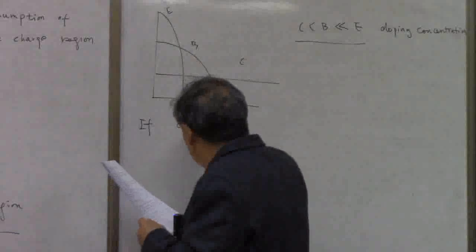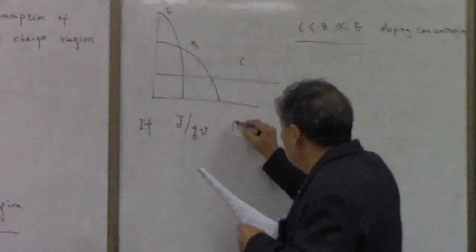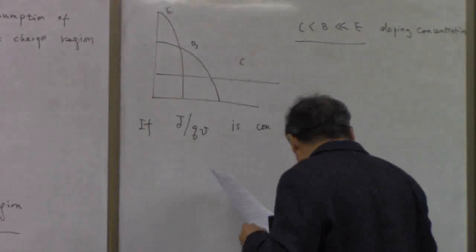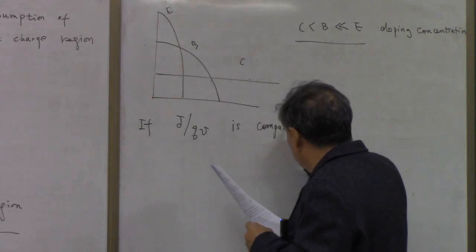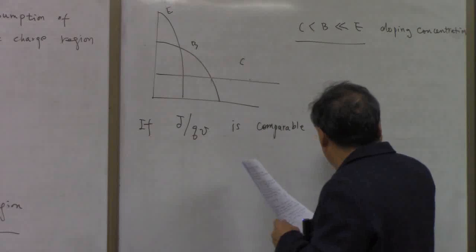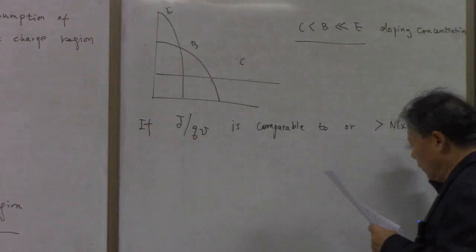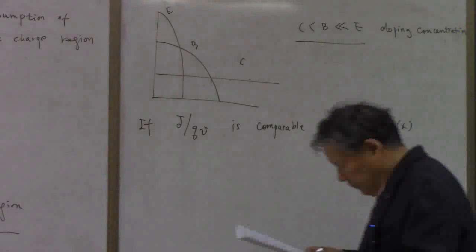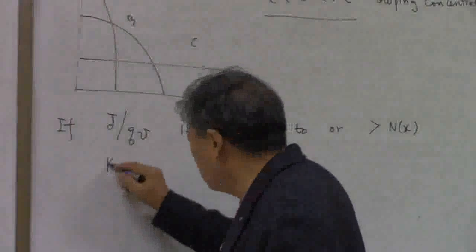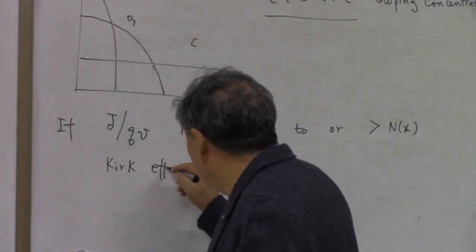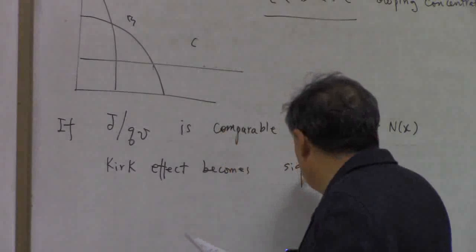If the injected charge is comparable to or greater than Nx, the doping level, then this Kirk effect becomes significant.